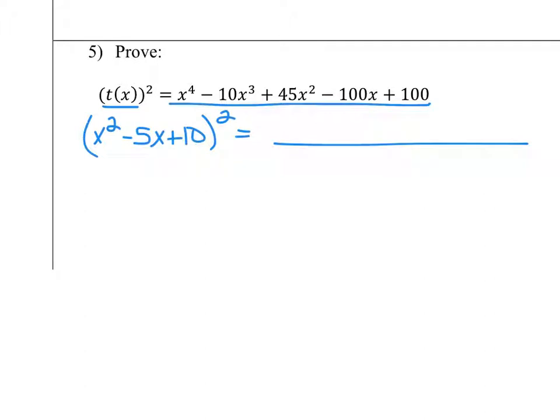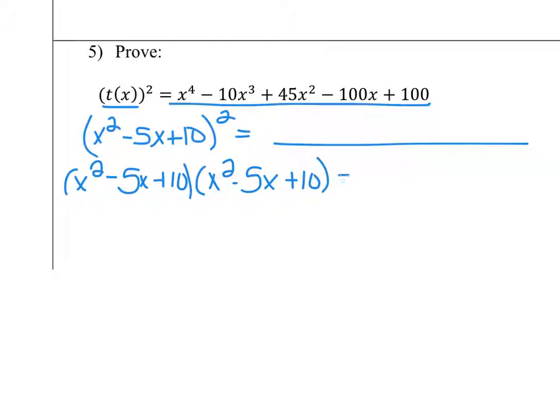This is a trinomial, so that means I need to rewrite it as x squared minus 5x plus 10 times itself. Is that equal to that mess? So I need to do this multiplication and see if those two multiplied together are equal to x to the fourth, etc. When we set this up, we set it up just like any other.